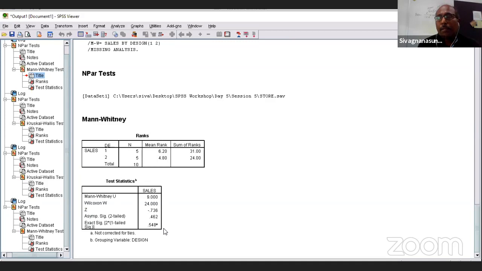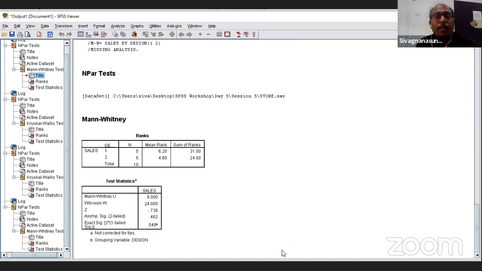Whether null is getting accepted or rejected? Since it is greater than 0.05, null is getting accepted. So our conclusion is your design is not influencing the ranking, or no difference in the ranks due to design. Is that clear? Yes, sir.